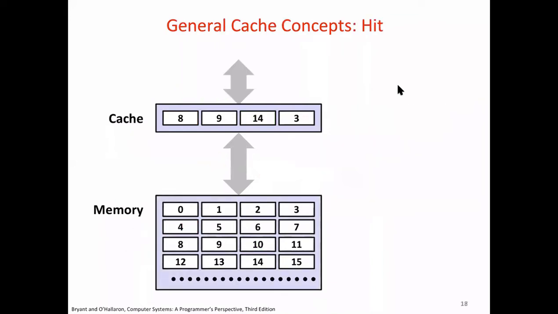Now let's look at an example of a hit. A request will come from the processor. Say, for example, the processor requests certain data 14, and the data is in some block B that contains 14.